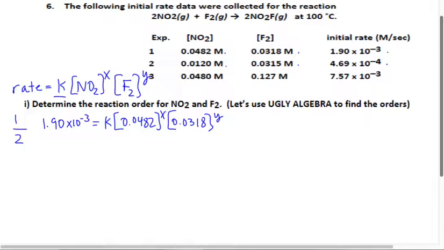Yep. And we're going to divide that by experiment 2. And that's a rate of 4.69 times 10 to the negative 4th equals K times 0.0120.